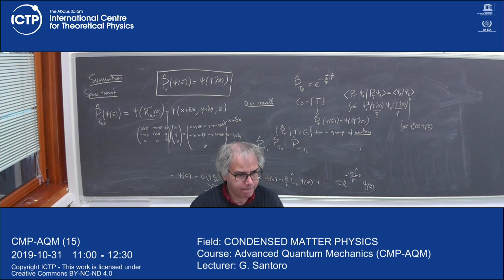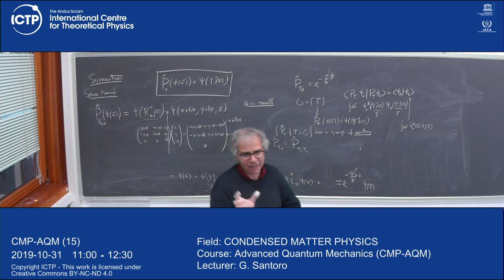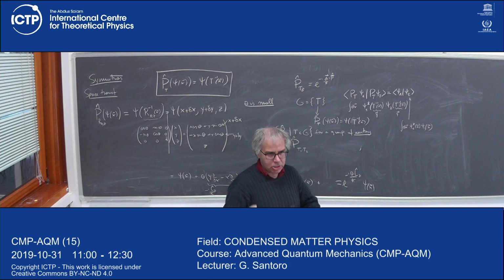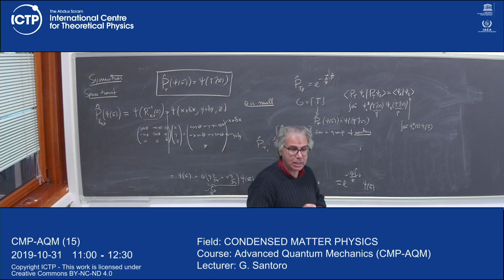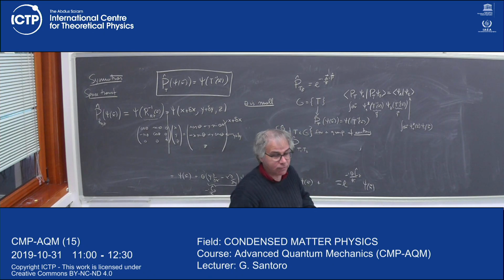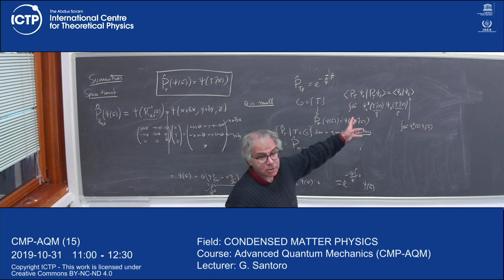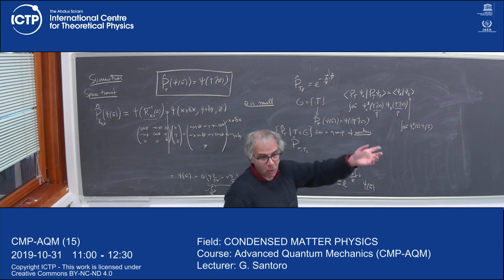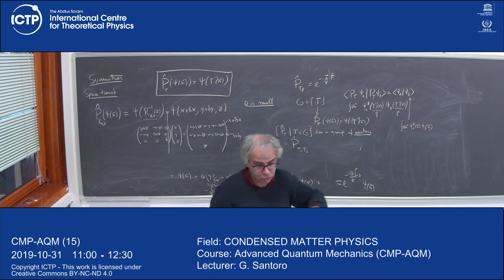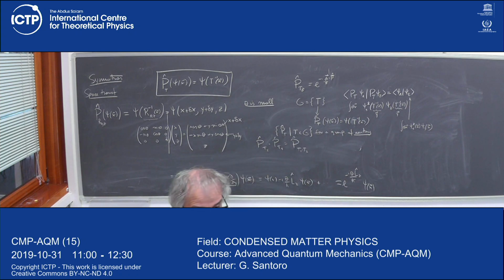Is it clear? Or at least you remember something like this. When you change variables in multiple dimensions, you have to put the absolute value of the determinant of the Jacobian. Now, the determinant of a space transformation like this is 1, because you need the modulus, by the way. This is just a rotation. The translation is a trivial thing.